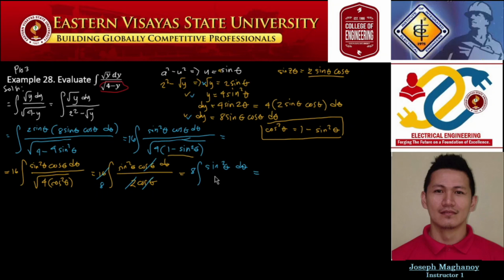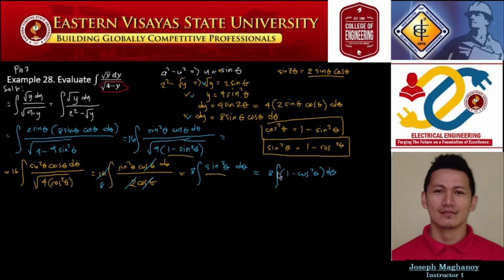So what is our next step? We use some identities again for our sine squared. If we recall, sine squared theta is equal to 1 minus cosine squared theta. So we replace our sine squared theta with this identity. So that is 8 integral of 1 minus cosine squared theta, of course our d theta, don't forget.